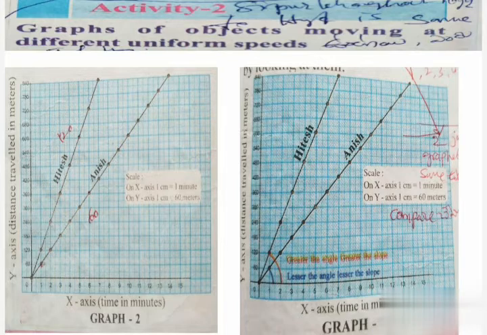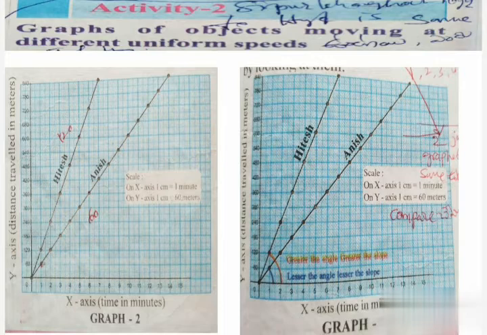The last line ends at 7 minutes. So Hitesh has taken 7 minutes to run from home to school.